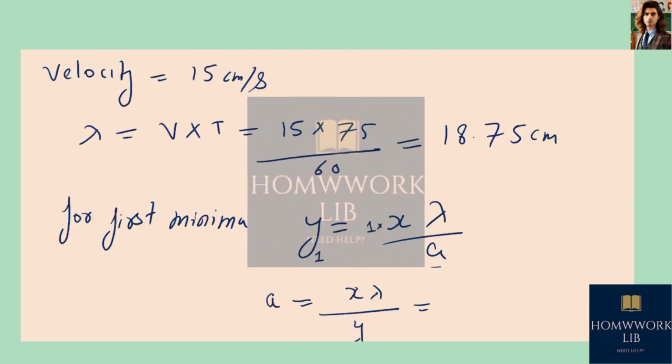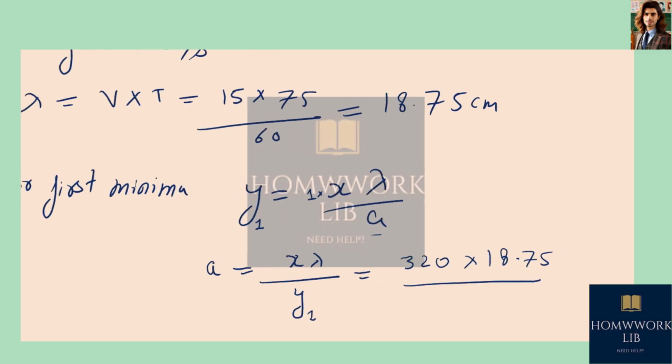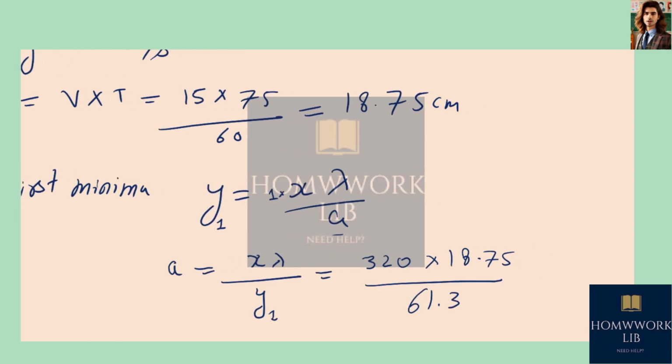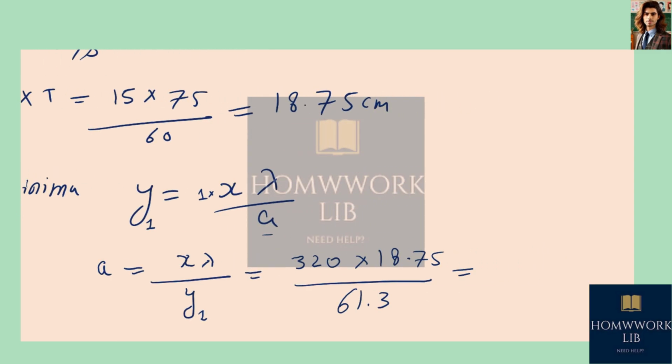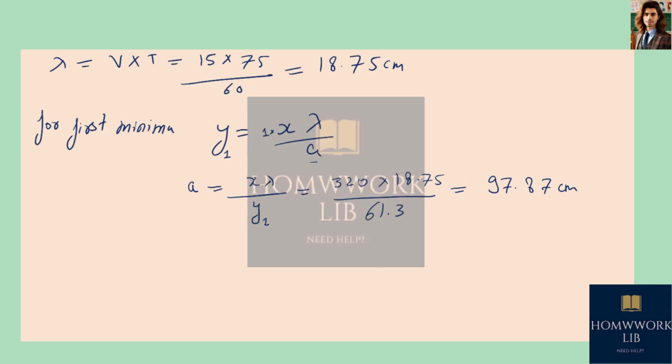So that is 320 into lambda 18.75 divided by 61.3, which equals 97.87 centimeters. So this is the width of the hole in the barrier.